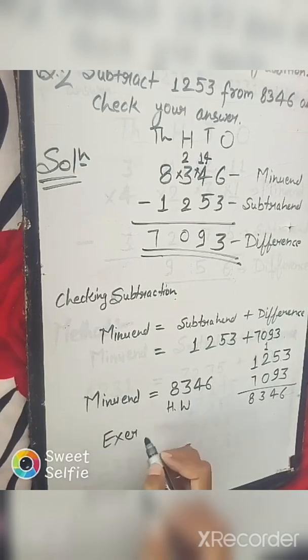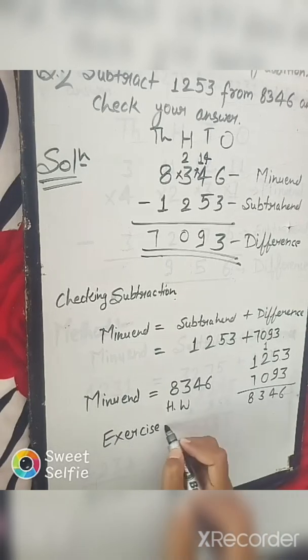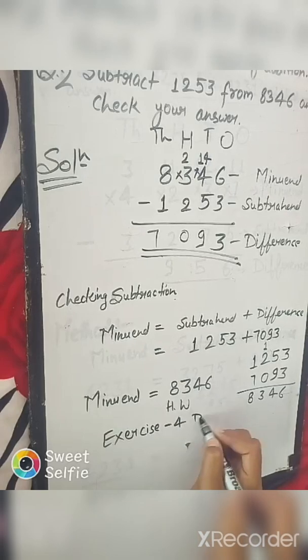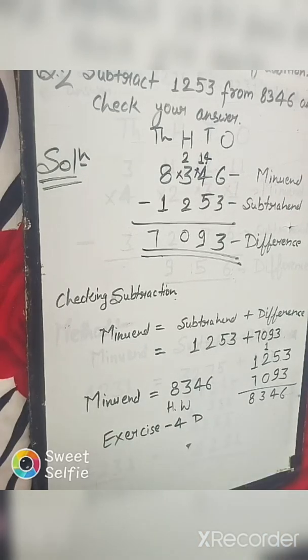In exercise 4D it is given: subtract and check the answer. So you have to subtract firstly and after that you have to check your answer. Okay, I hope you have understood how we can check our answer, whether our answer is correct or incorrect. Okay.